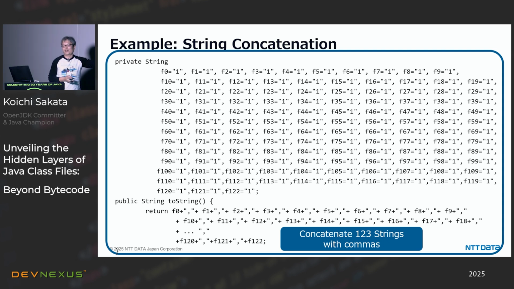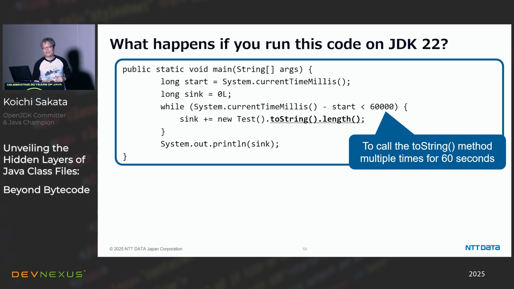In the toString method, all of these fields are concatenated with commas. This is the main method that calls the previously mentioned toString method. It runs for 60 seconds, calling the toString method many times. The length method is called simply to make the value easier to use.